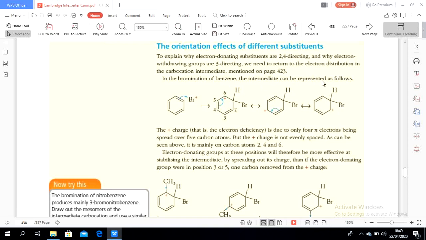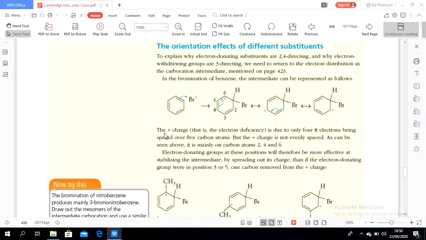The intermediate can be represented as follows. The benzene donates electrons to form a covalent bond with the bromine electrophile, and then there is a partial positive. The double bond opens, that makes a covalent bond with Br, and the other one with the hydrogen.